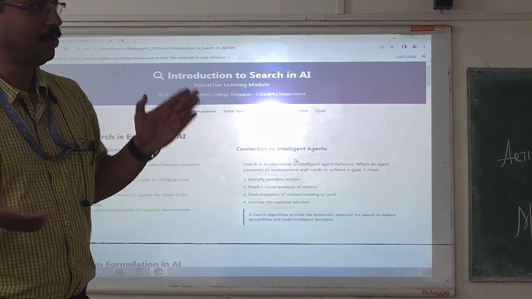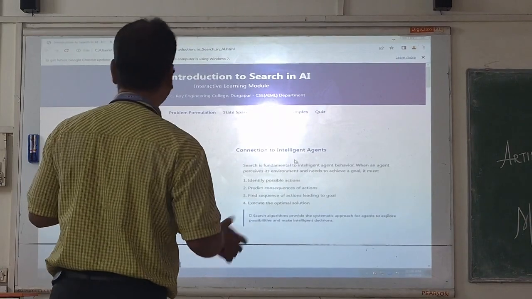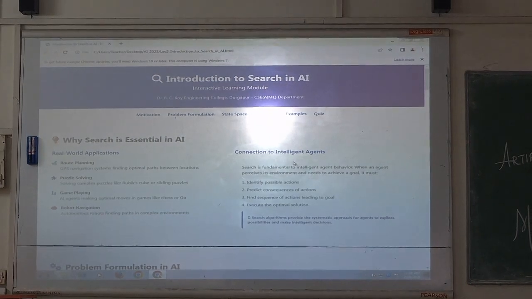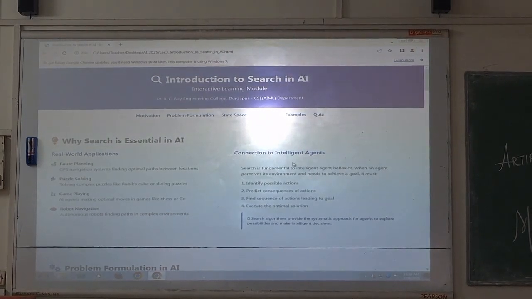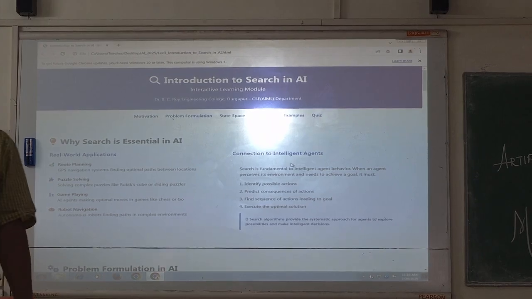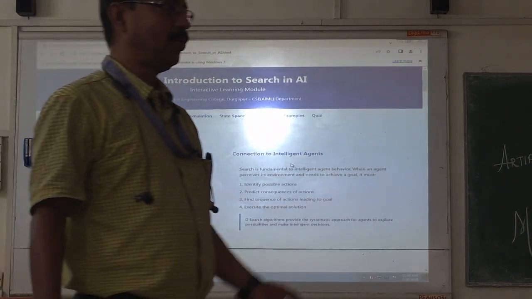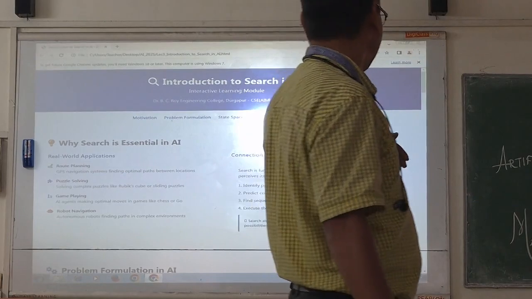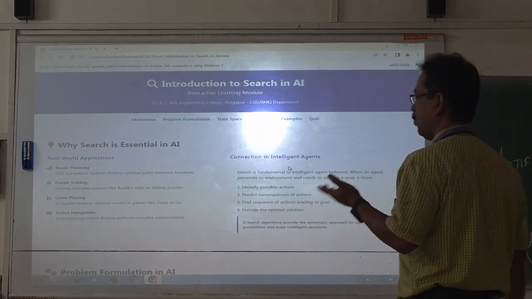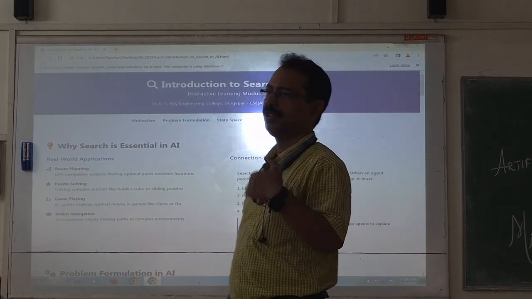So that is why searching is very important. There are many examples like route planning, puzzle solving, game playing, robot navigation, where AI is performing well, and more than that. Other than that, prediction and reasoning.